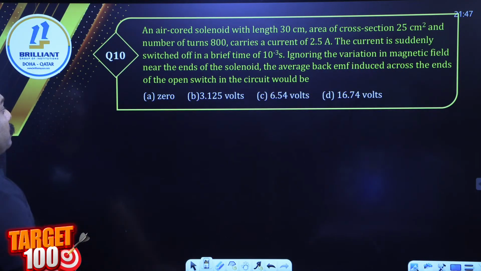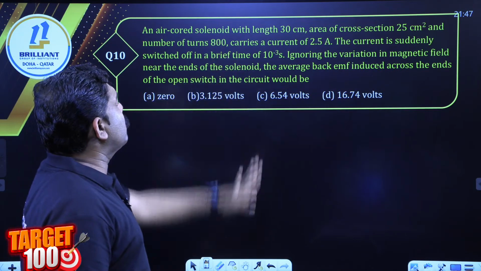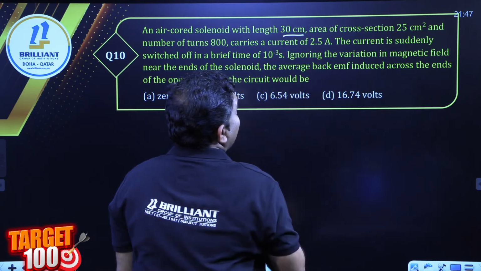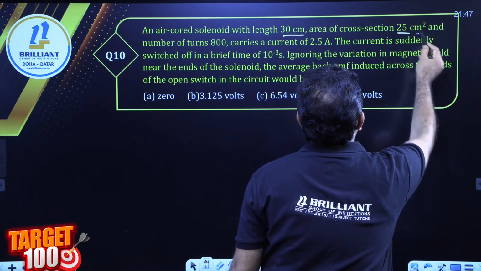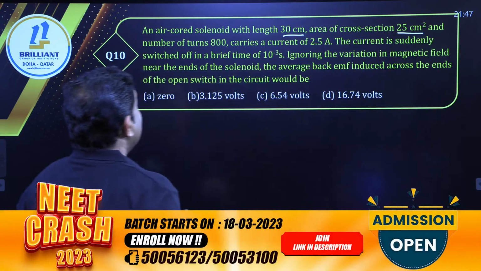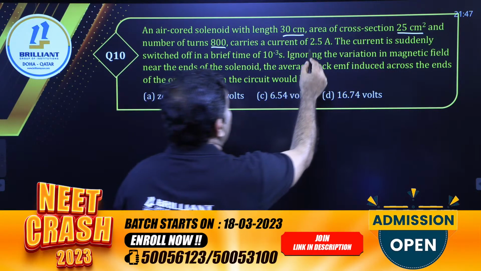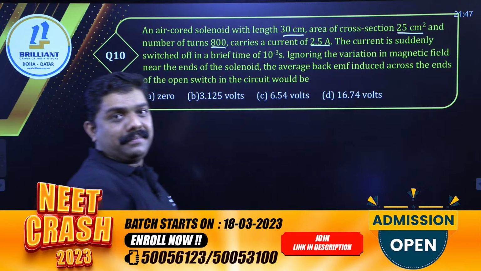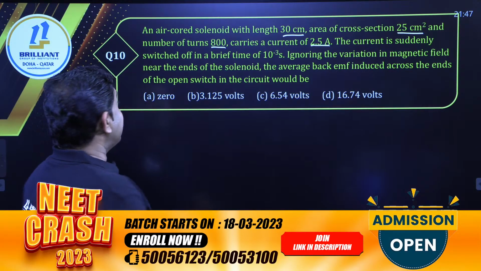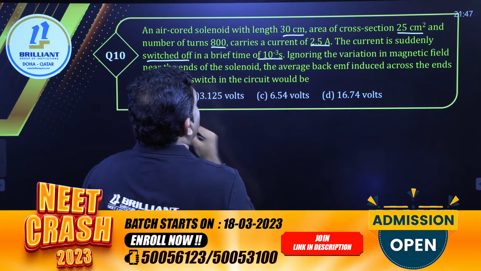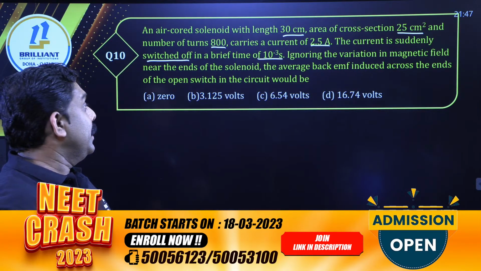Now the next question. An air core solenoid with length 30 centimeter and cross section 25 centimeter square, number of turns 800, carries a current of 2.5 ampere. The current is suddenly switched off in a brief time, 10 raised to minus 3 seconds.